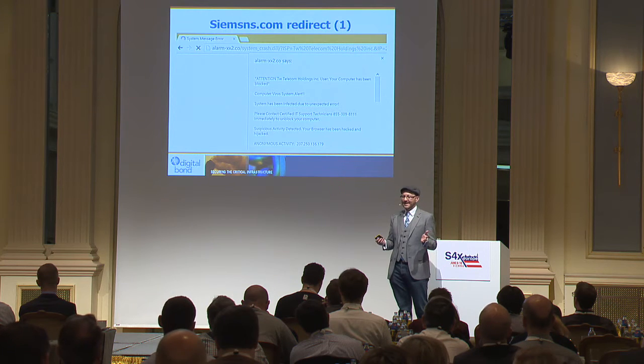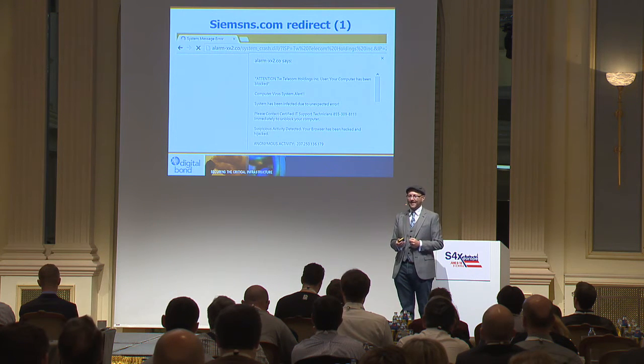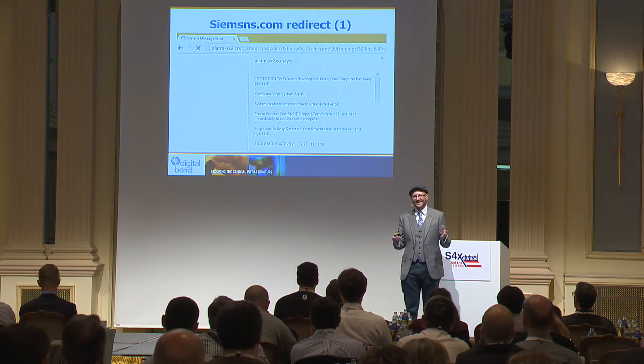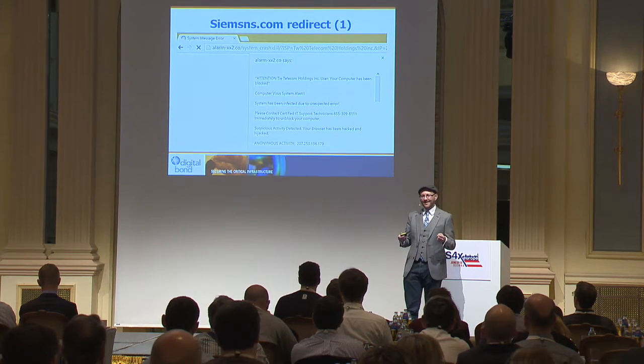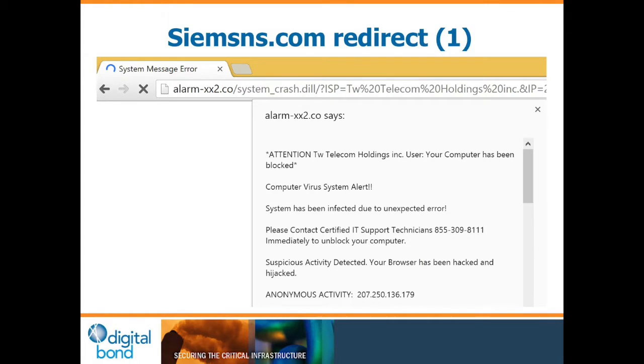So this is an example of one of the sites that's hosting one of these tech support remote access Trojan installers. This is the seamsins.com domain. This error message that it displays just says, hey, call this tech support number.